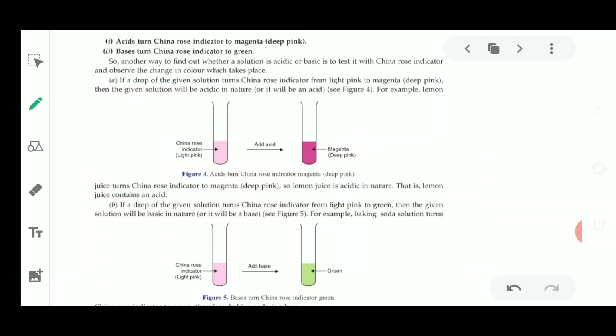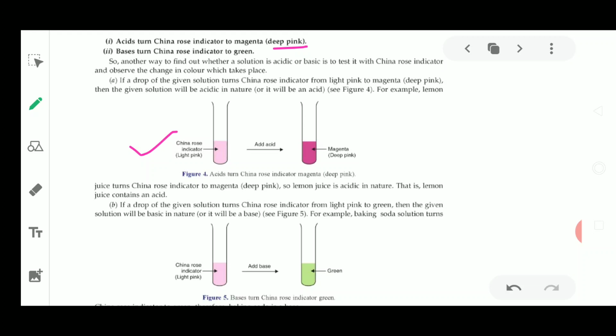So first, with acid, the China rose indicator is going to turn deep pink. This light colored substance is the China rose indicator. We will keep it in one test tube, and you will add some acid to it.